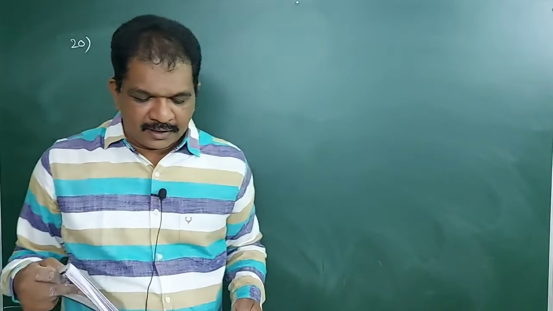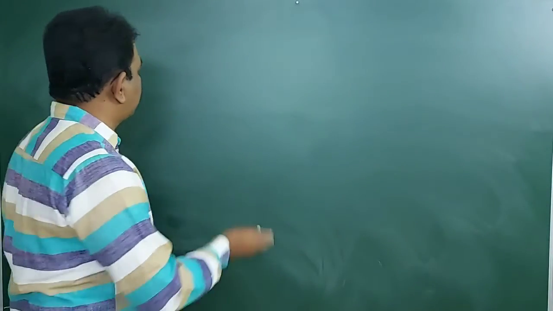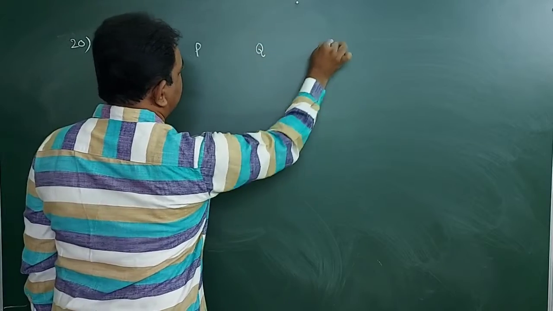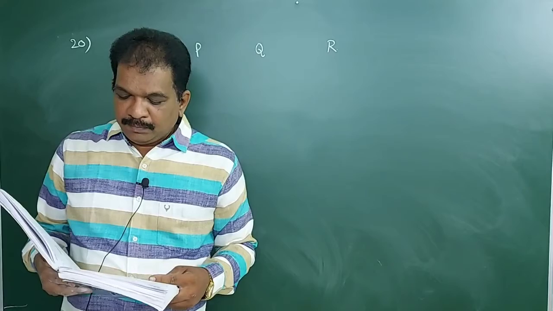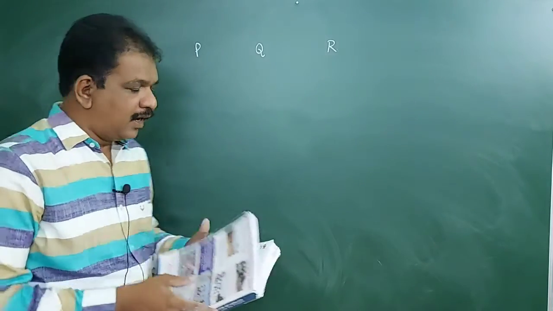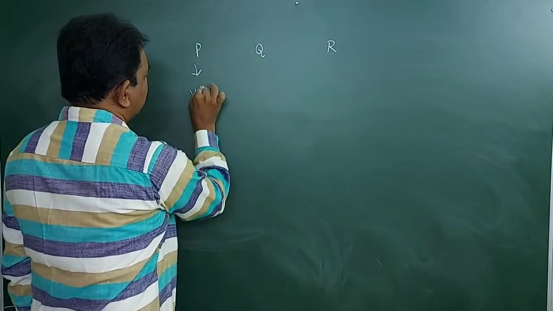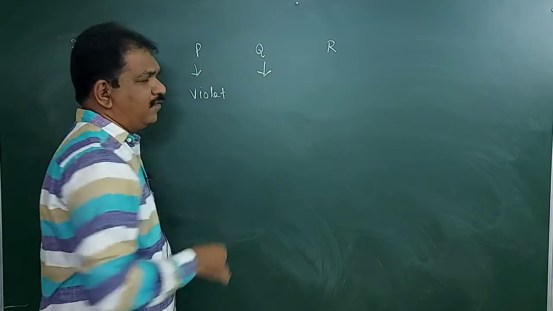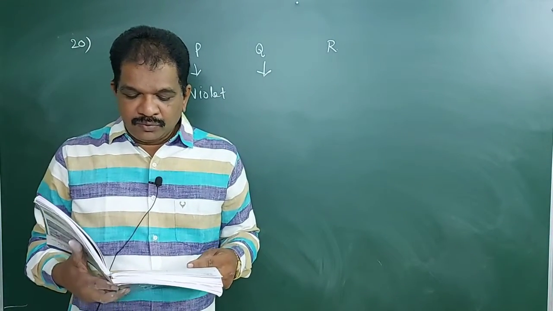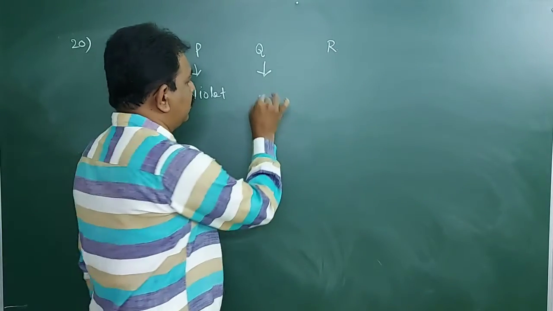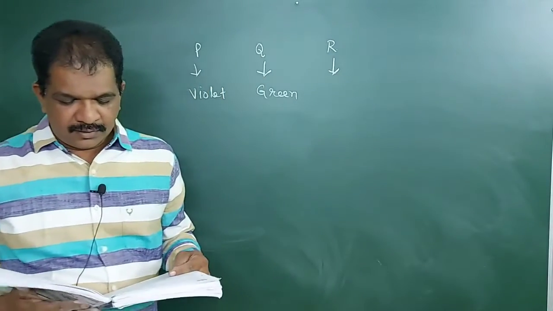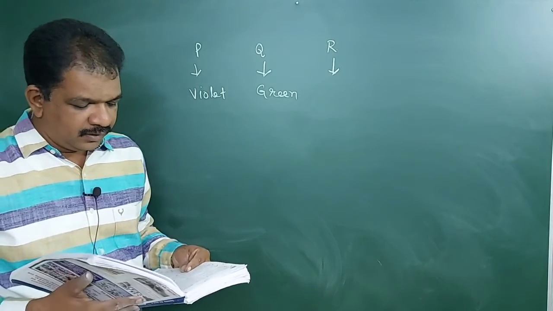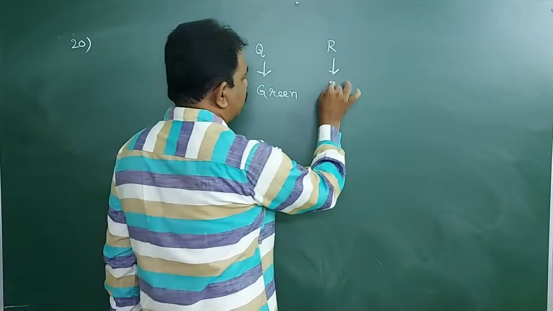What they are giving is that there are three different stars, P, Q, R. In P, violet color has maximum intensity. Different colors are emitted from the star, and in Q, green color has maximum intensity. When R is emitting, red color has maximum intensity.